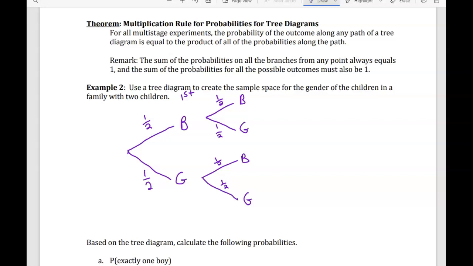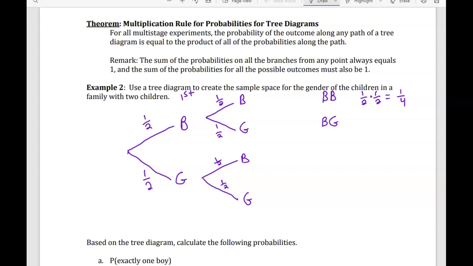So my possibilities for my outcomes are that I have 2 boys, and the probability for that would be 1/2 times 1/2, which would give me a 1/4. I could have a boy first and then a girl.